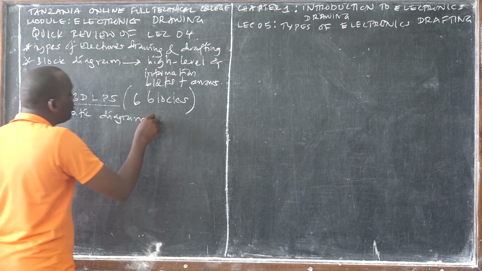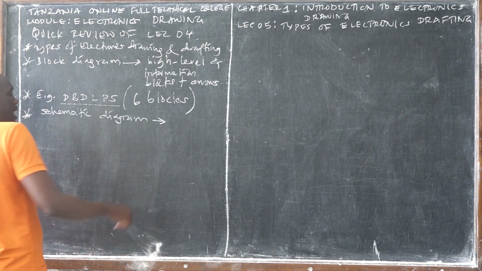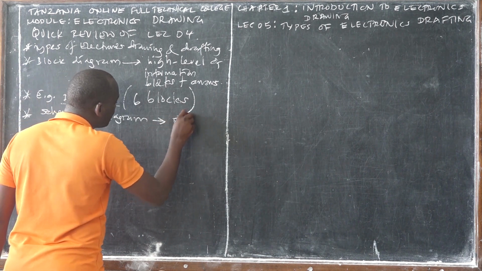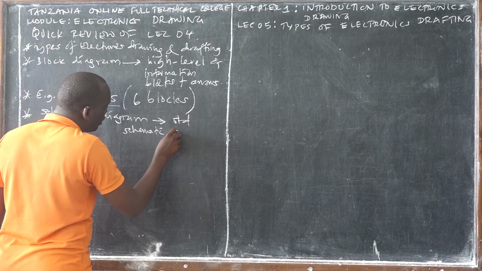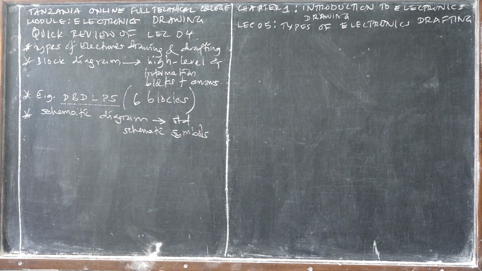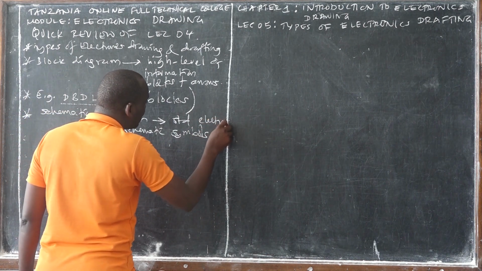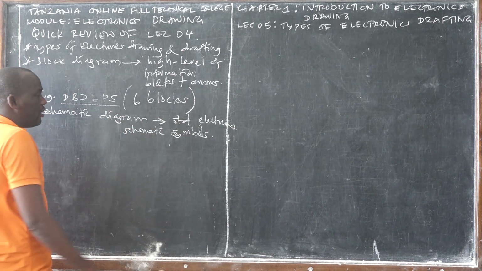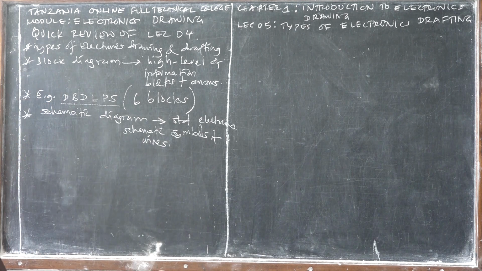So this is a visual or graphical representation of a particular idea by using standard schematic symbols, or standard electronics schematic symbols. And also it uses what? Wires to show the flow of electric quantity from one point to another point.